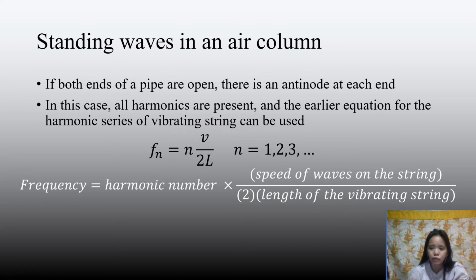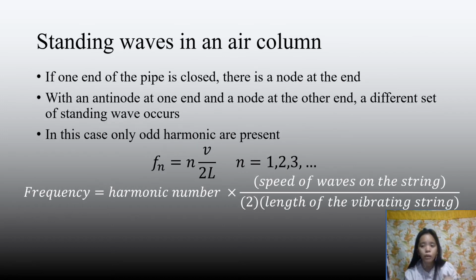So we can use the same frequency for a pipe that is open on both ends: frequency is equal to the harmonic number times the speed of the wave, all over 2 times the length. Now what if one end of the pipe is closed? There is a node at the closed end and an antinode at the open end, and a different set of standing waves occurs.